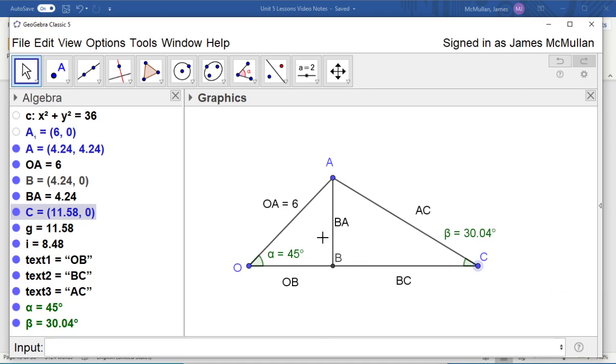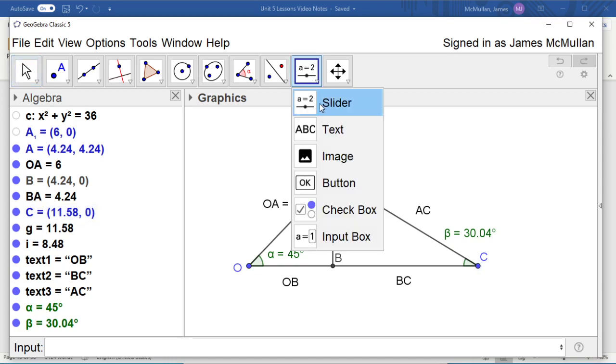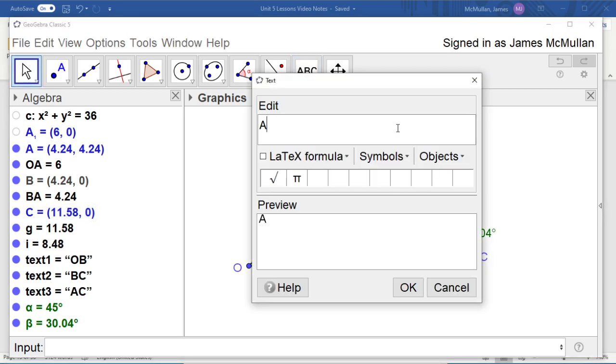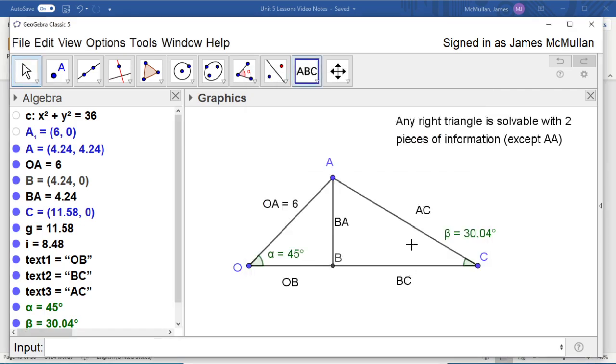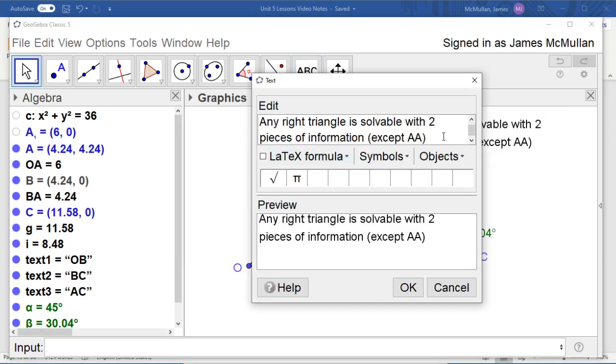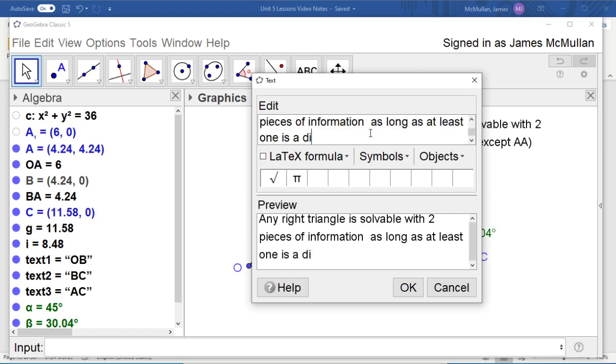What would help me to solve this triangle? It would help me to know something about OB or BA, and then maybe once I know BA, I will know two pieces of information about the other triangle. Remember, any right triangle is solvable with two pieces of information, as long as at least one is a side length.